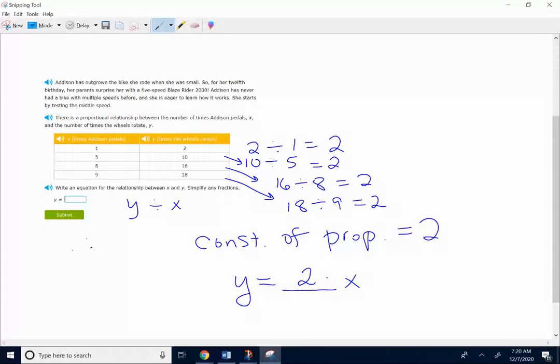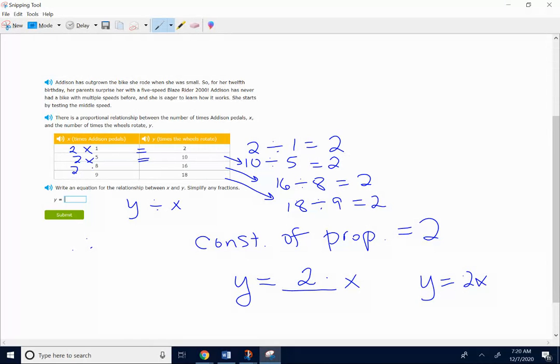I want to prove to you why. Okay, the equation is y equals 2x. But let me show you why. If you go back to the data table, if I take 2 times the x value of 1, I get the y value of 2. If I take 2 times the x value of 5, I get 10.